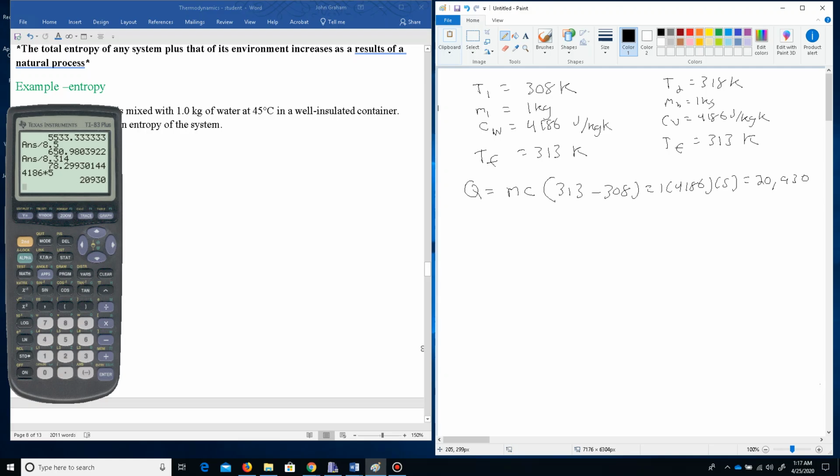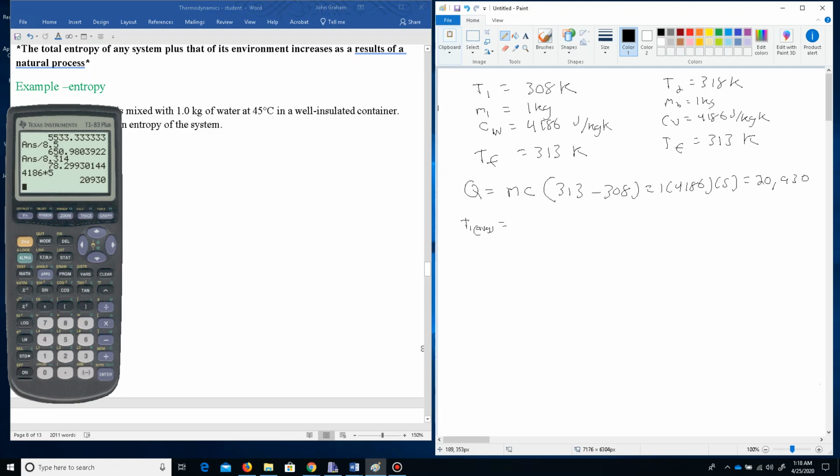The temperature for T1 is going to be T1 average.